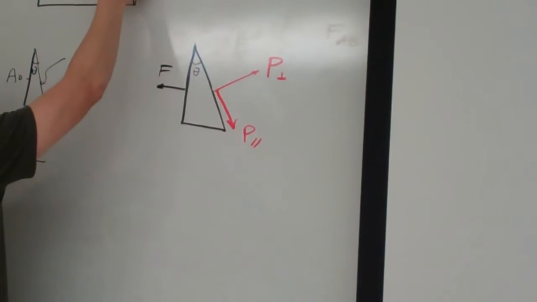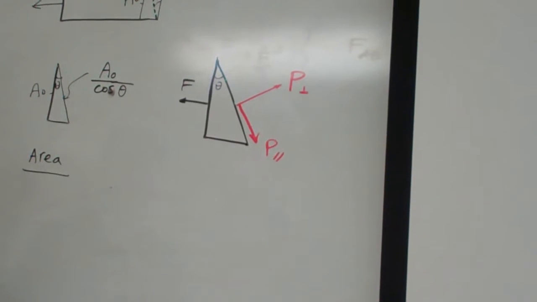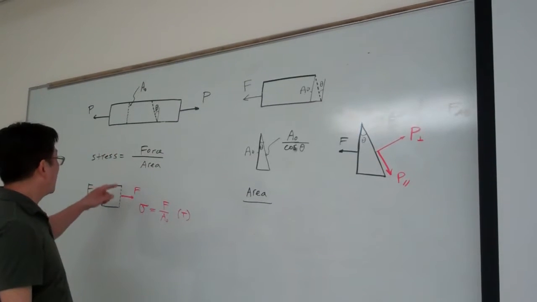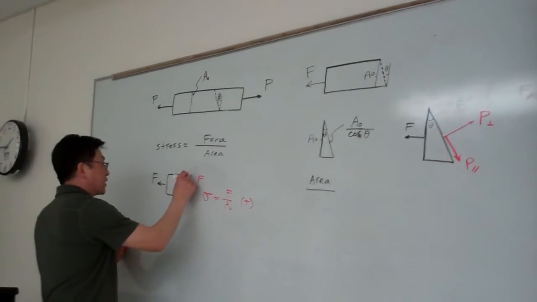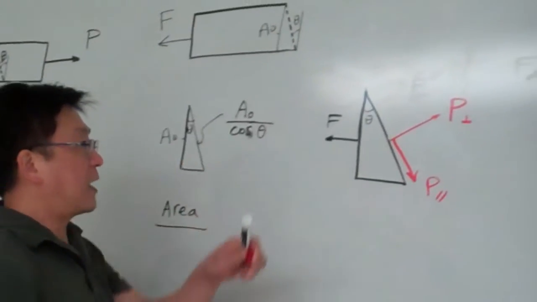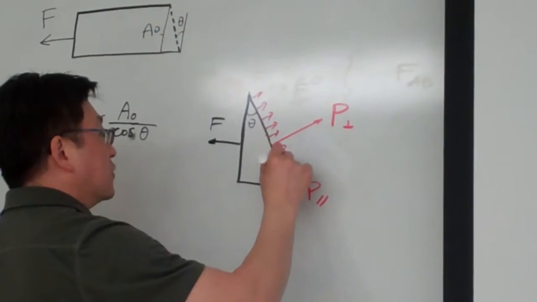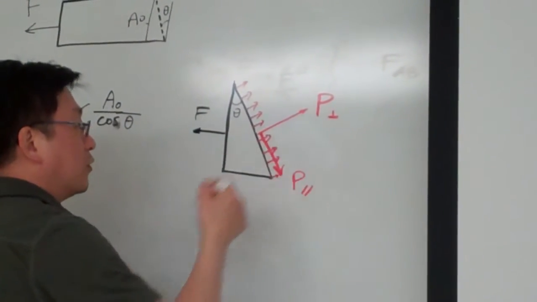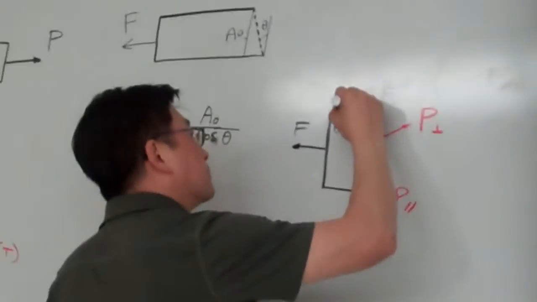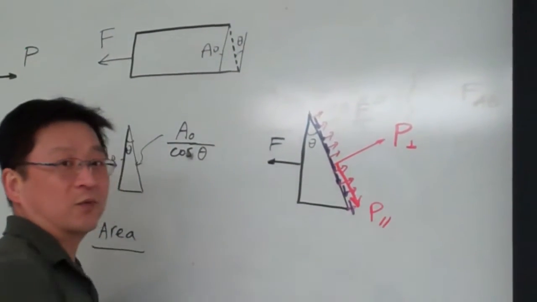So by picking an inclined plane, before we do the calculation, we should recognize right away that, as compared to this cross section, which will only give us the normal stress, for the inclined plane not only will we have the normal stress induced by P normal, but also we will have the shear stress, induced by this component.